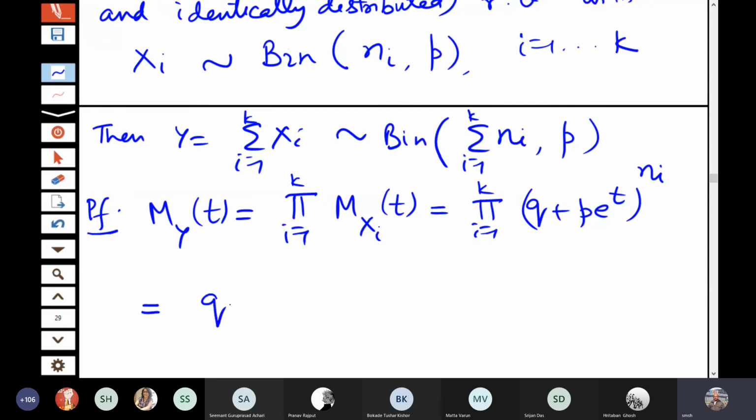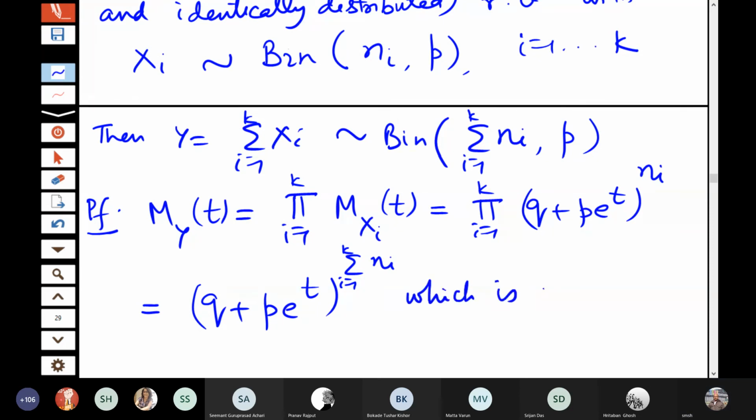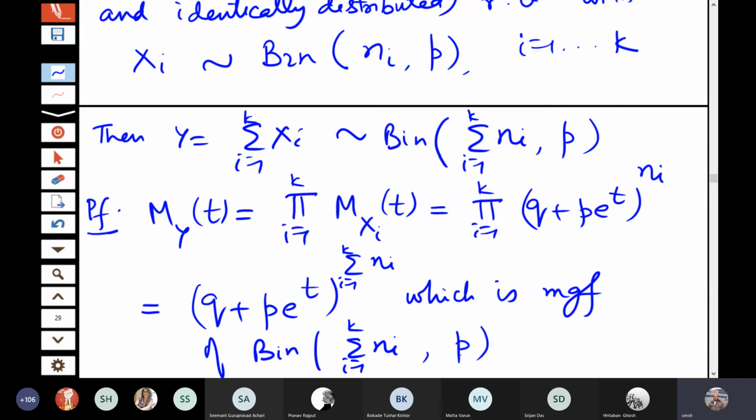So this becomes (q plus p e to the power t) to the power sigma ni, which is nothing but the MGF of a binomial distribution with parameters sigma ni and p. So binomial distribution is additive in nature provided the probability p is constant.